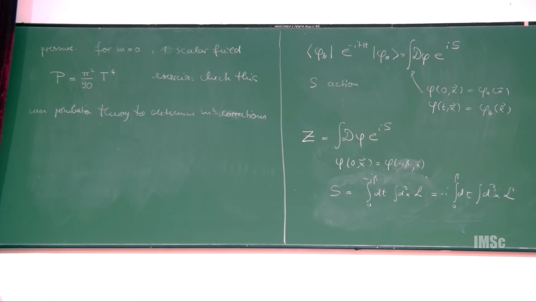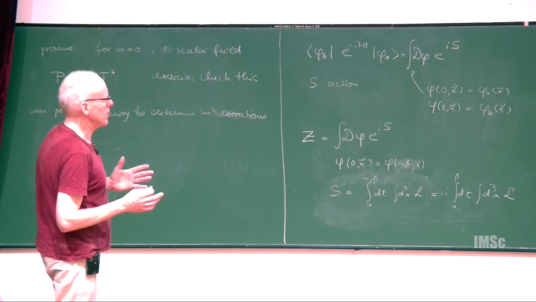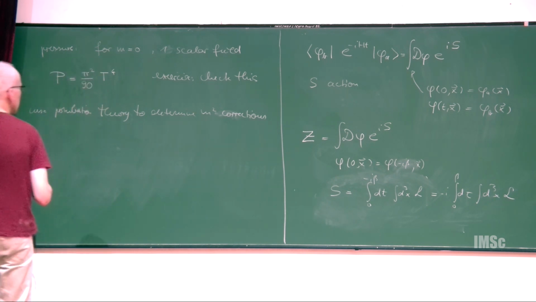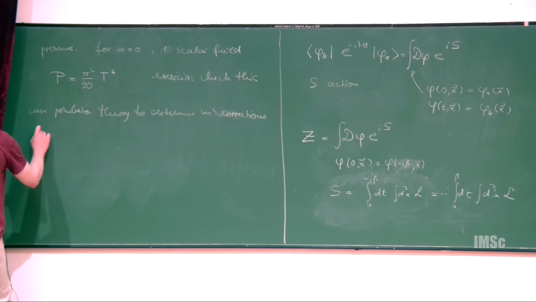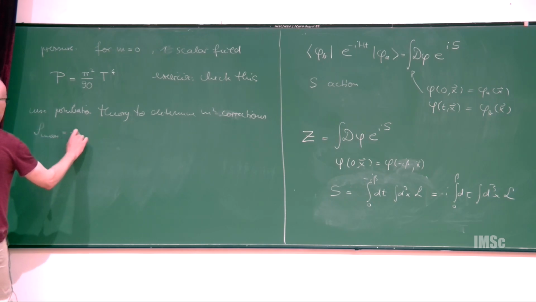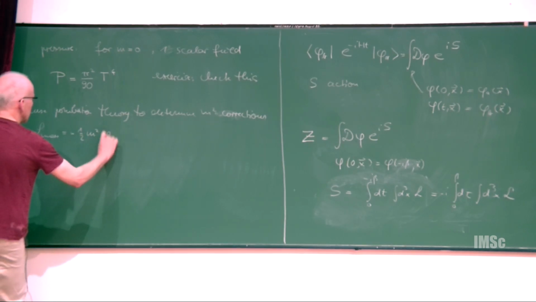And one thing, the way I'm going to do it is, I have my Lagrangian and I have a mass term. So the mass Lagrangian is minus 1/2 times m squared times phi squared.